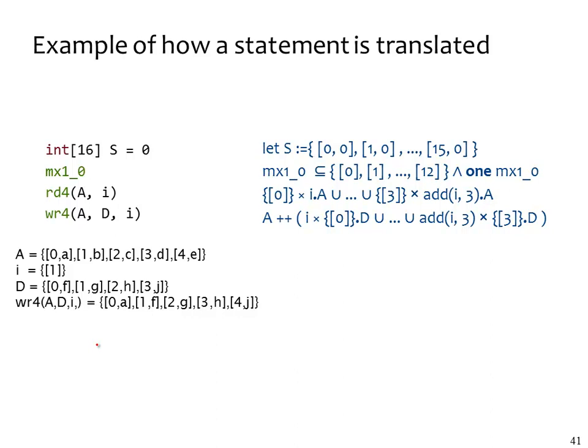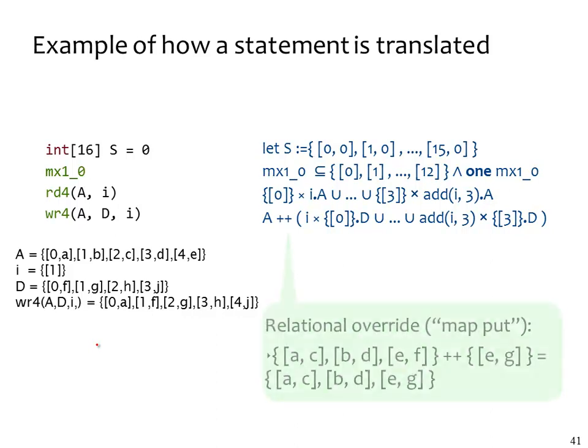So we just basically copy everything that is not affected by the write from A, and everything that is affected by the write, we copy it from D. And we do that using this relational override operator. You can think about it as doing a put into a map. It just basically changes the bindings from the keys to the new value that we specified for those keys. That is the semantics of the operator.